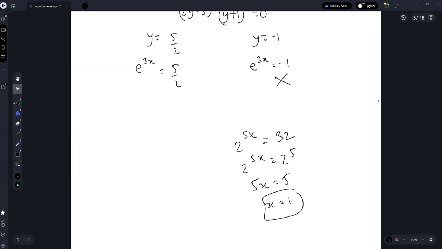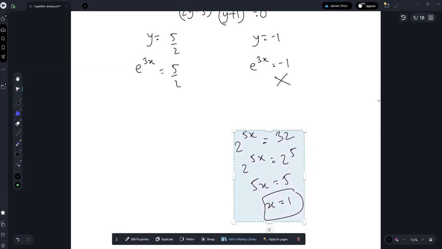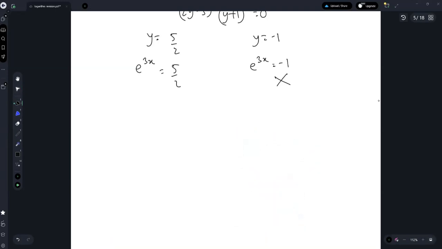In this case, I cannot do that because it can only happen if we can somehow get the same base on both sides of the equation in a single term so that we can actually equate the powers. In this case, we do not have any sort of base set here or anything that can form e, right? So the thing we can do is apply logarithms on both sides.